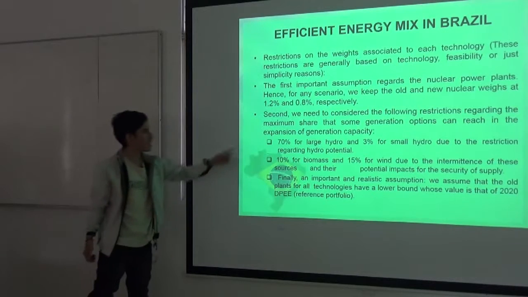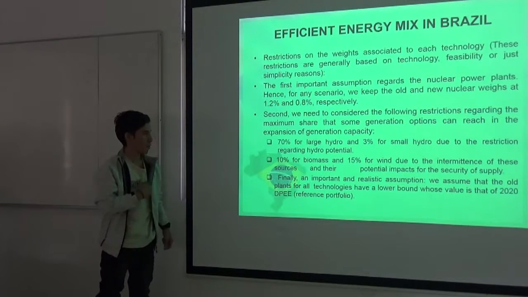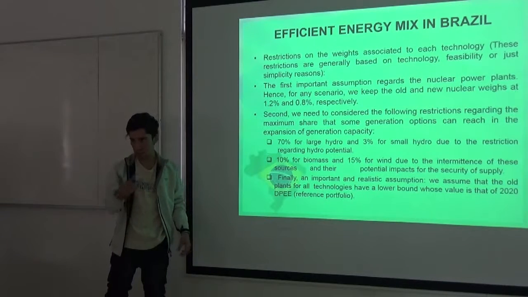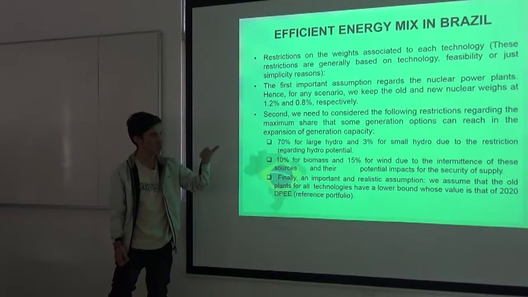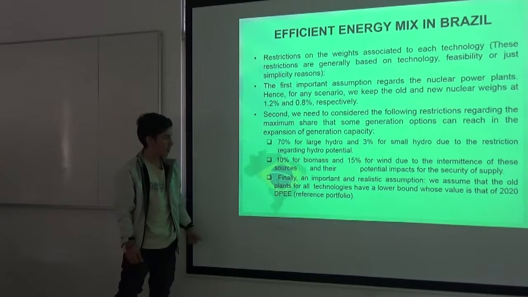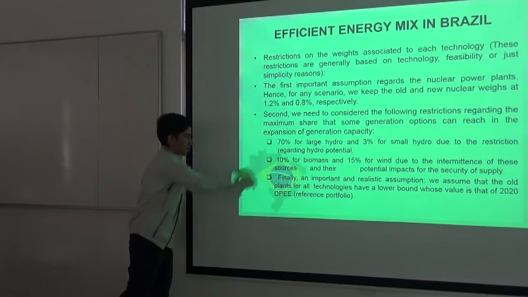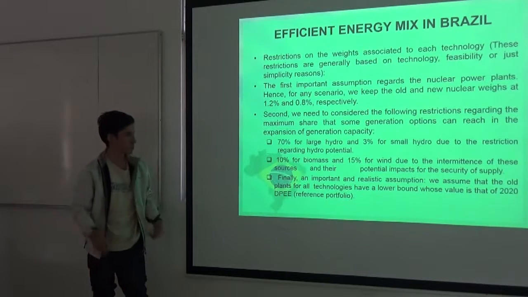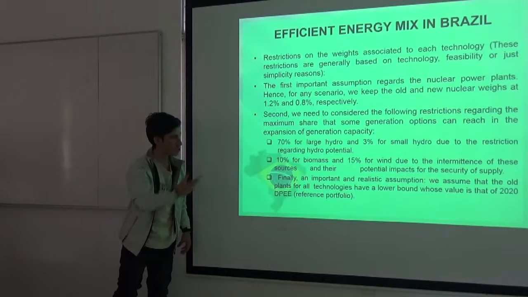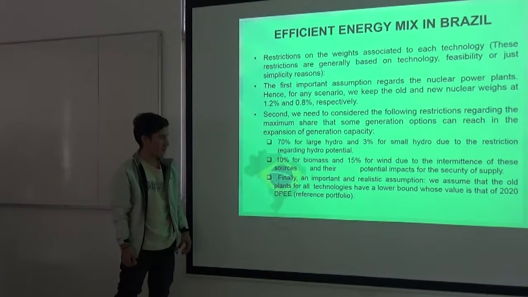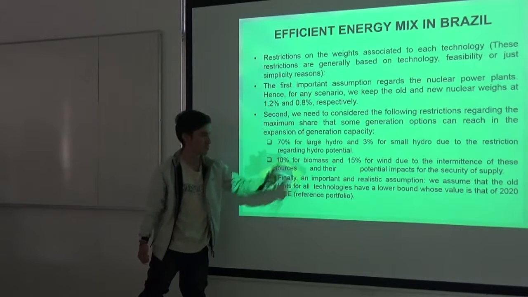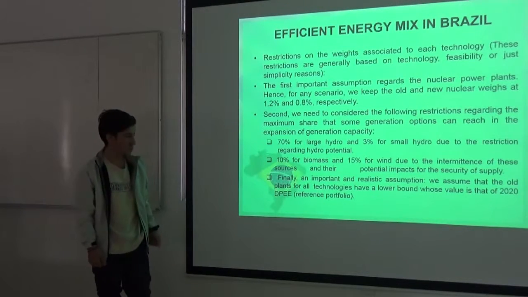For the second restriction, we can see 70% for large hydro, 3% for small hydro, 10% for biomass, and 15% for wind. All this is logical for the positional impact on the security of supply.